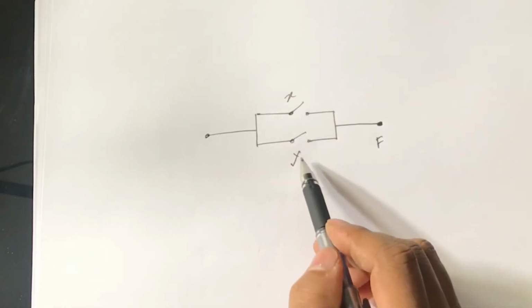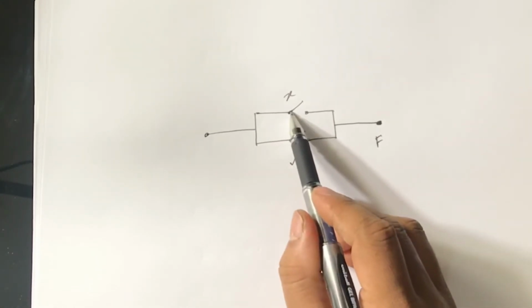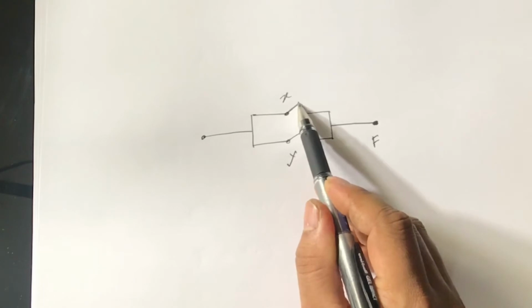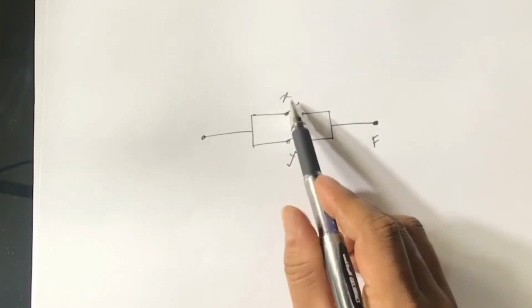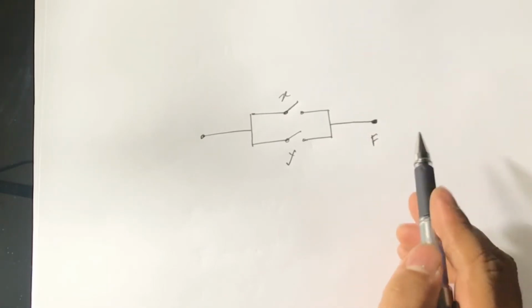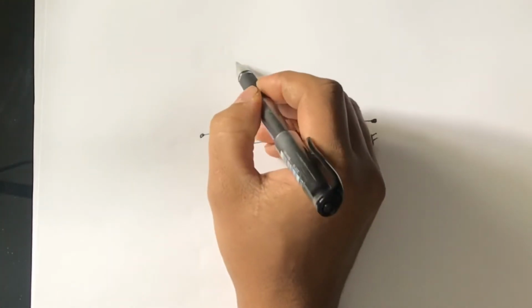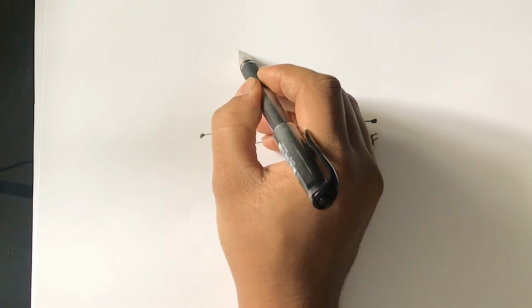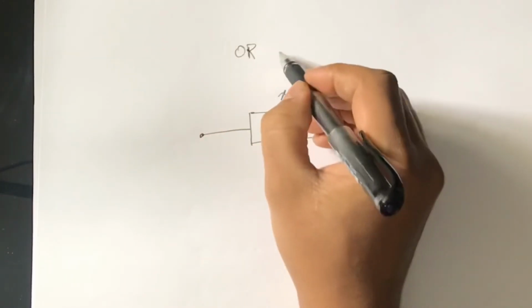Either X or Y, just need to close only one of the switches to get the value from the output. So in that case, we can say that this operation is the OR operation.